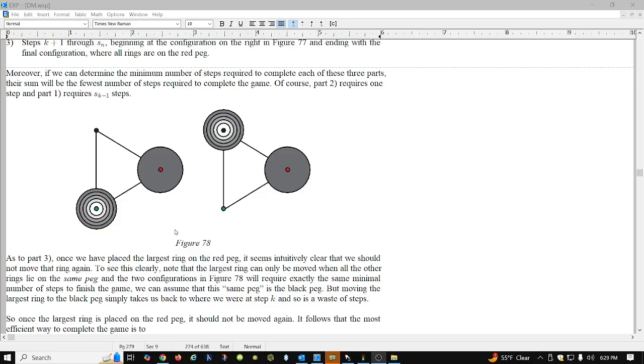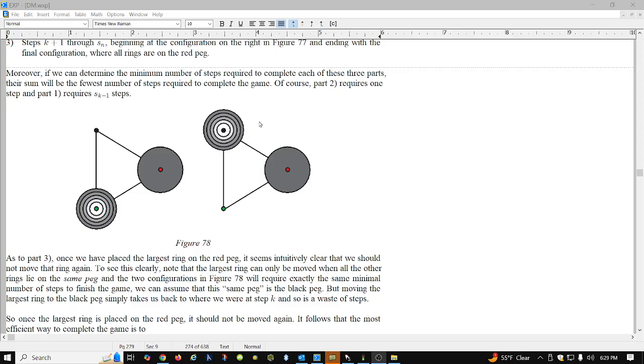For that, note that the largest ring can only be moved when all the other rings lie on the same peg, and not on the peg containing the largest ring. Okay. So there's a lot of restriction on moving the largest ring. And these two configurations are essentially the same as far as how many moves it's going to take to finish the game.